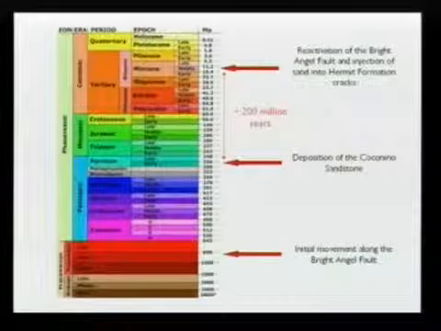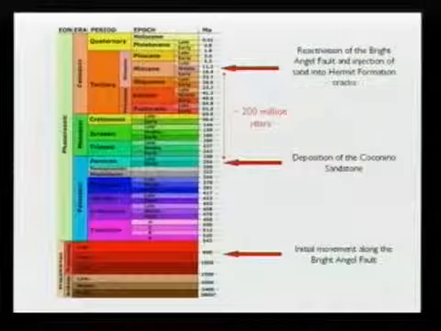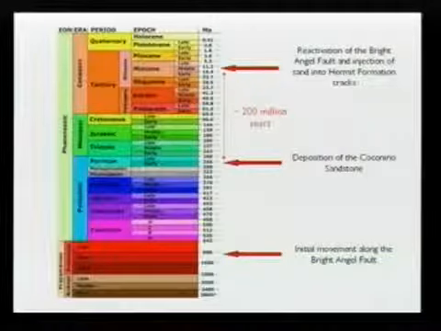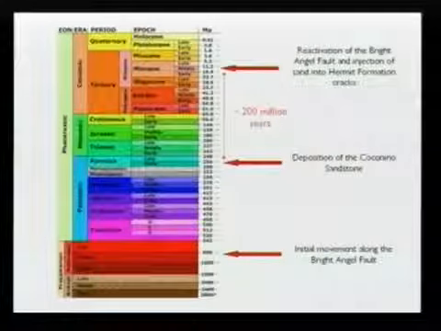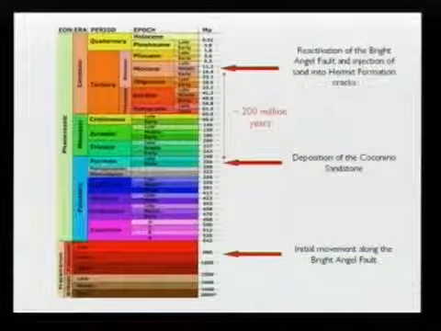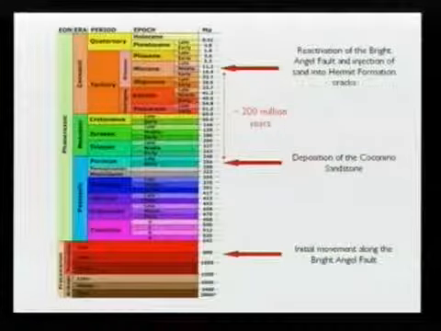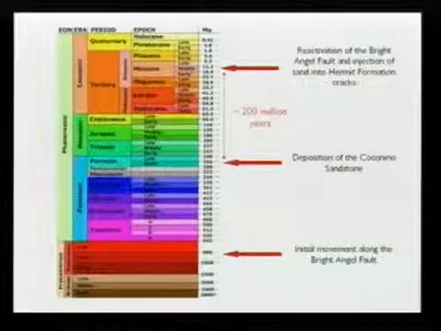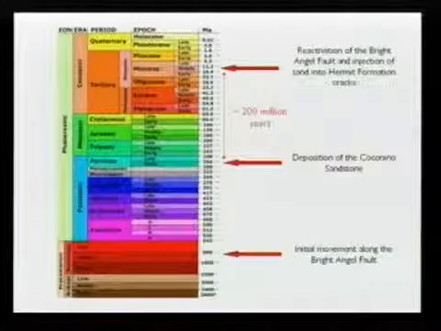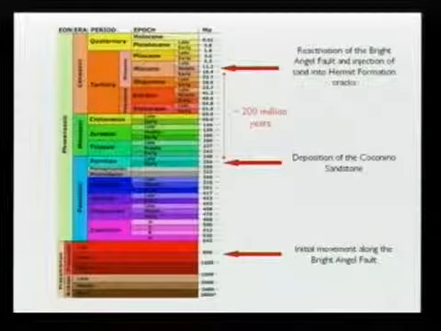Now, it just seems more plausible to us that instead of there being a timescale of about 200 million years separating the deposition of the Coconino and the point at which that wet sand was then injected into cracks in the Hermit, it makes much more sense if we tie these layers together and we compress this timescale into a much shorter period.